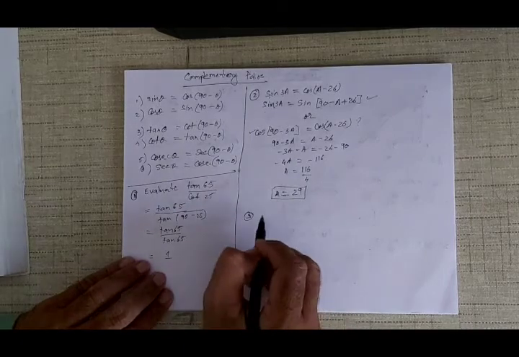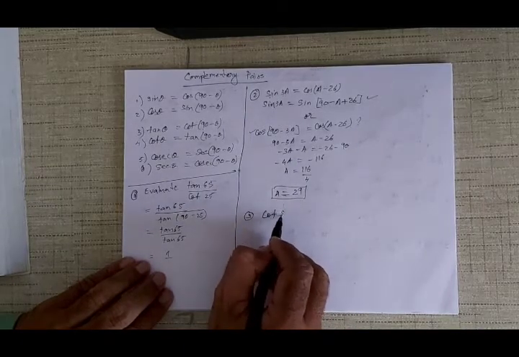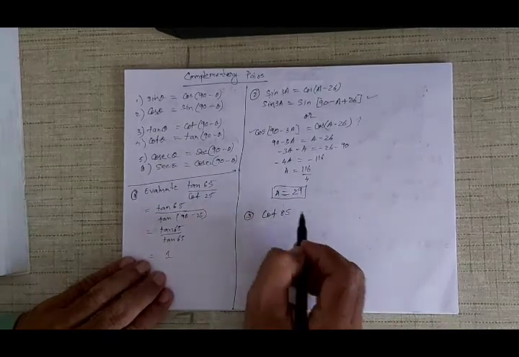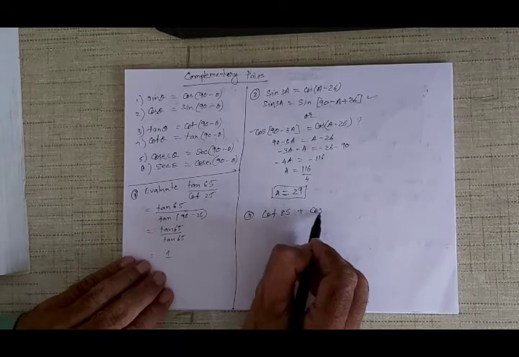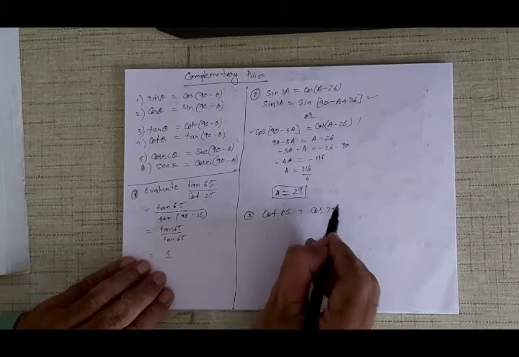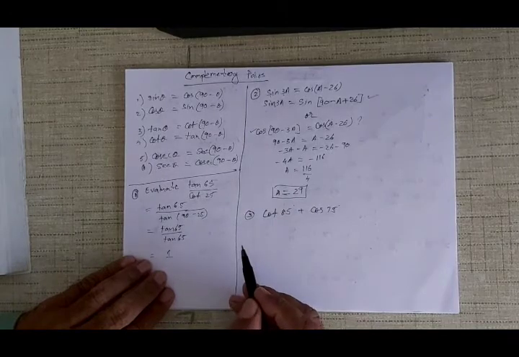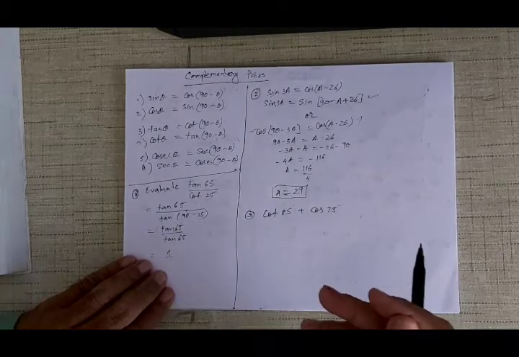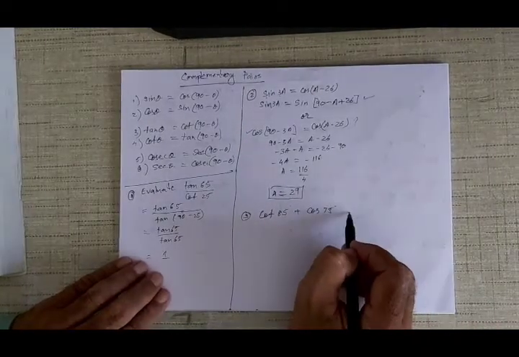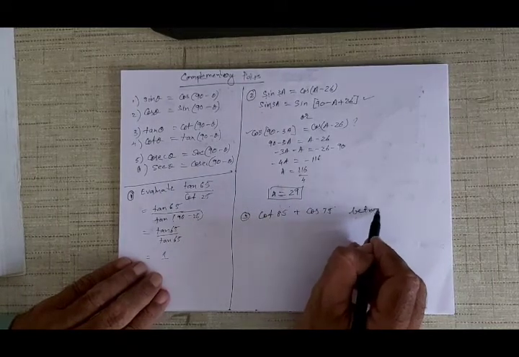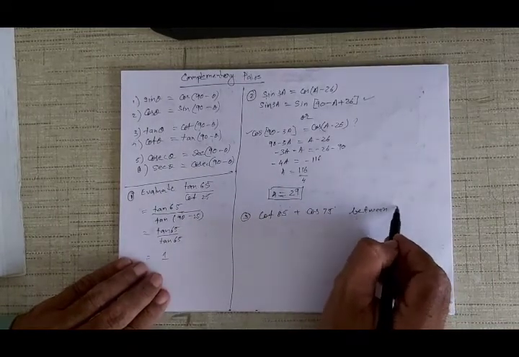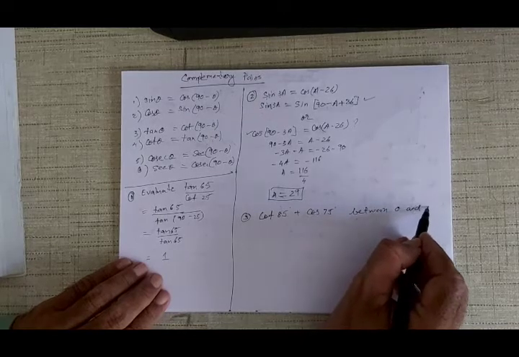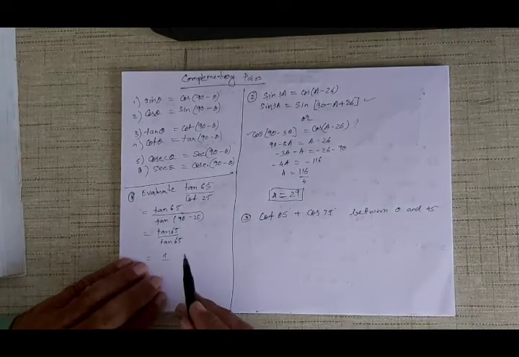Alright, then cot, we are given cot 85 plus cos 75. You want to express these trigonometric ratios between 0 and 45.